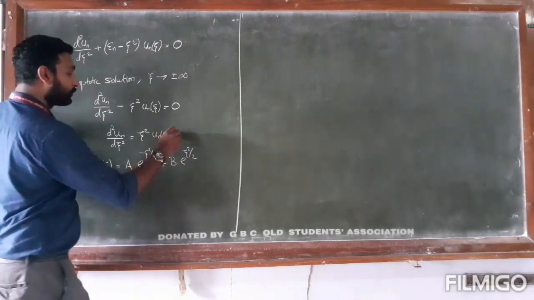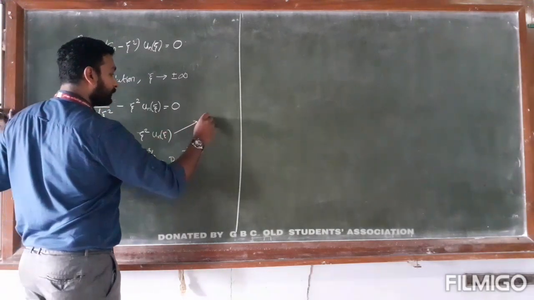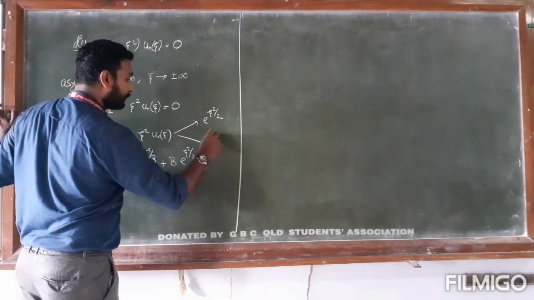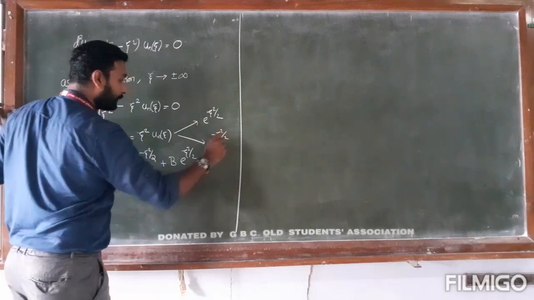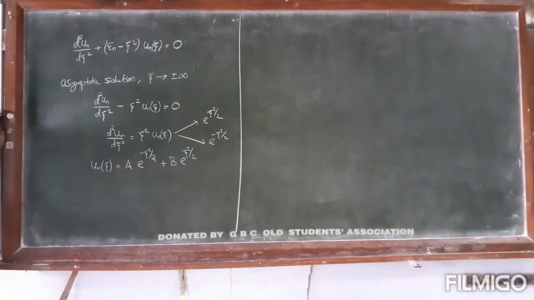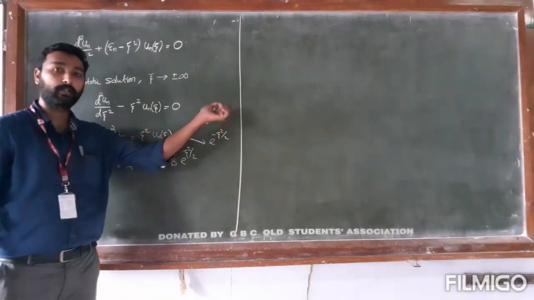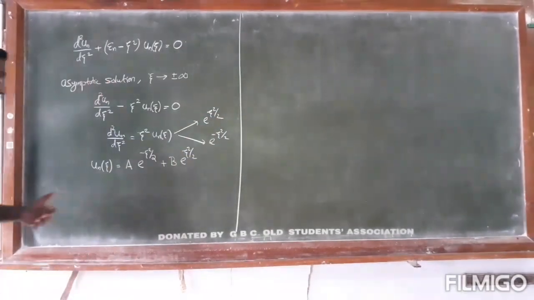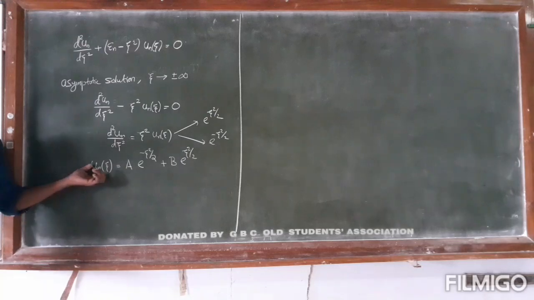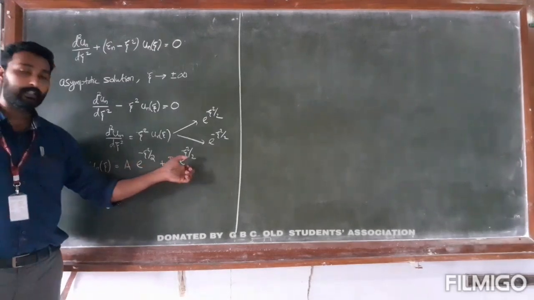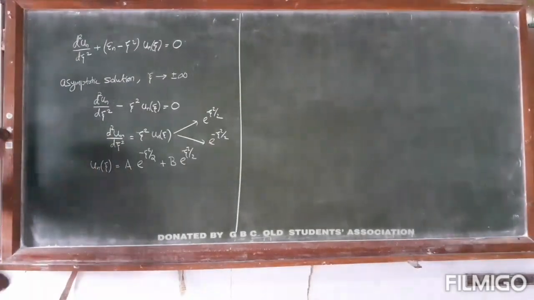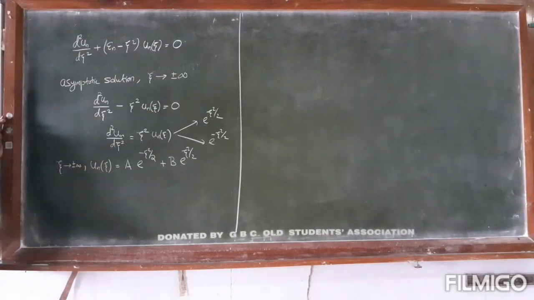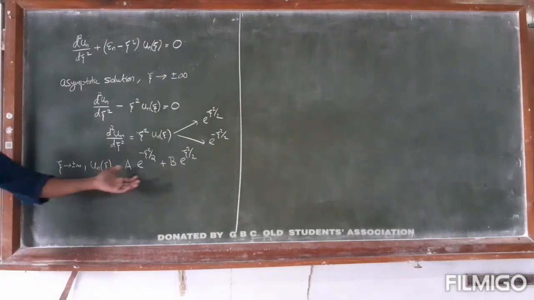So there are two possible solutions for un of theta. You can check yourself. If you differentiate e raised to theta square by 2 two times, you get theta square times e raised to theta square by 2. Therefore, un of theta in general would be the superposition of both functions, and this is valid when theta tends to plus or minus infinity. When theta is very large, this is valid.